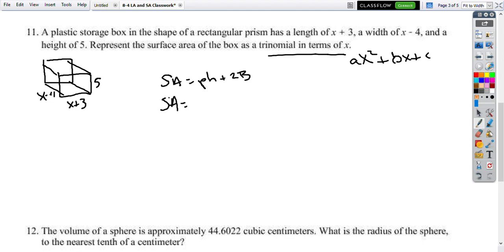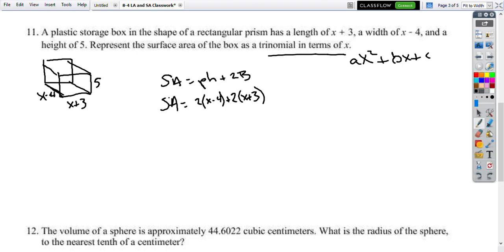So the perimeter of the base is this x minus 4 times x plus 3, and there's 2 of those. So it's really 2 times x minus 4 plus 2 times x plus 3. And then that whole thing. So just real quick, I just want to make a slight change here, just so it's easier for you guys to follow, okay?